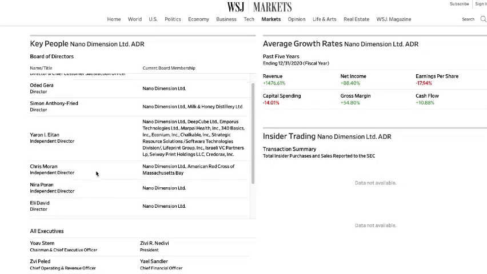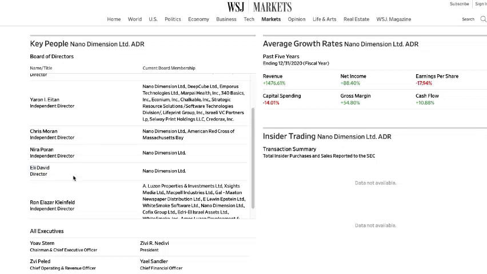And if we scroll down a little bit, we can see Eli David is also a director of Nano Dimension. So this is obviously not good news as a shareholder, seeing that NNDM has acquired a company that both board directors, Eli David and Yaron Ethan, have ownership interest in. So this is not good news for a shareholder of NNDM, and it's not something that we like to see.